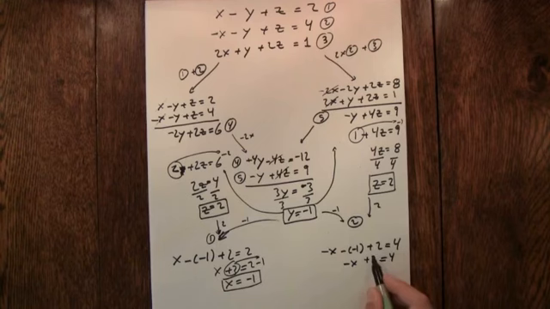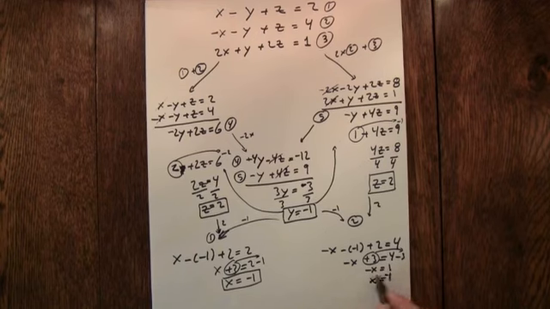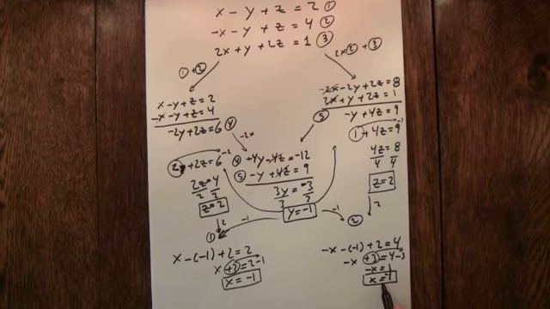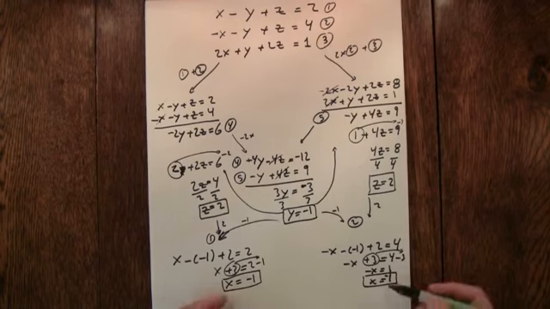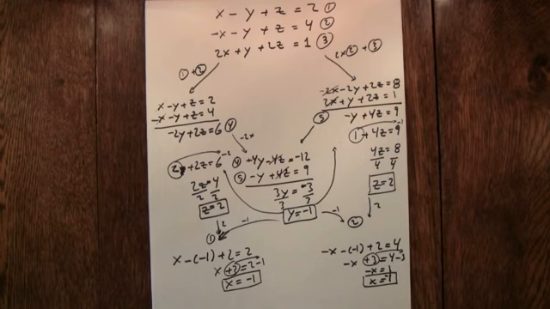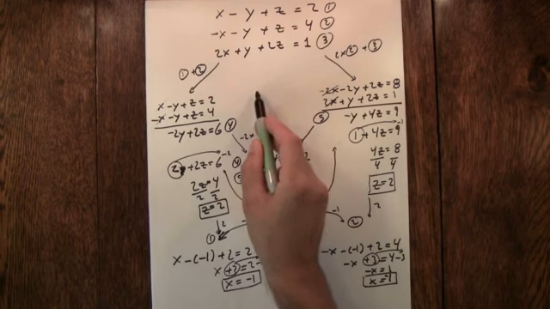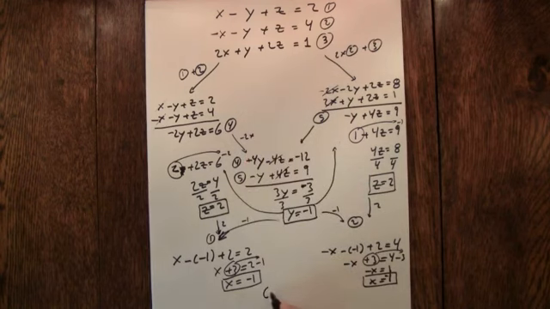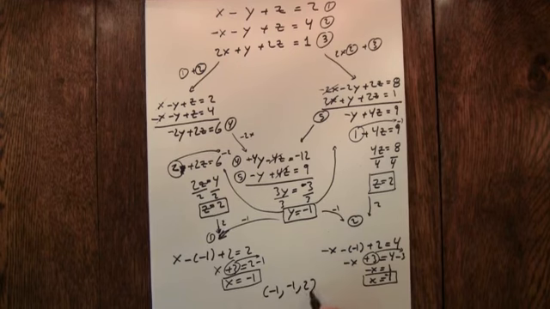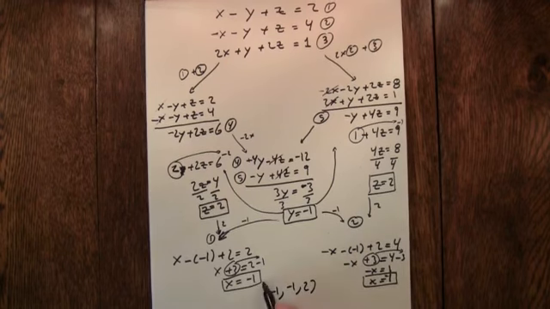Negative x plus 3 is equal to 4. I'm going to bring this over, so that's negative 3. So we got negative x is equal to 1, so x is equal to negative 1. The same answer. So I know I've done this question correctly. The final answer for this would be x is negative 1, y is negative 1, and z is 2. That's my final answer to this question.